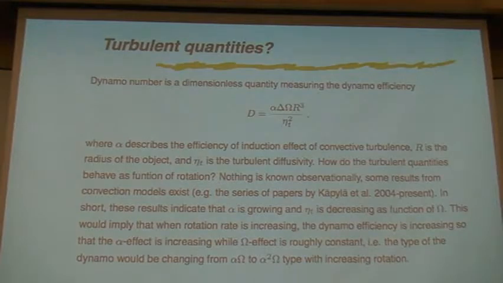So we would expect the dynamo in the sun, we have what we call an alpha-omega dynamo, where alpha produces the poloidal field and omega, the differential rotation, the toroidal field. Whereas in these rapidly rotating stars, alpha actually also contributes to generating the toroidal field and can actually be even stronger than the differential rotation.